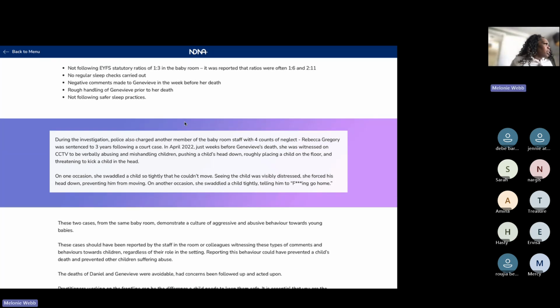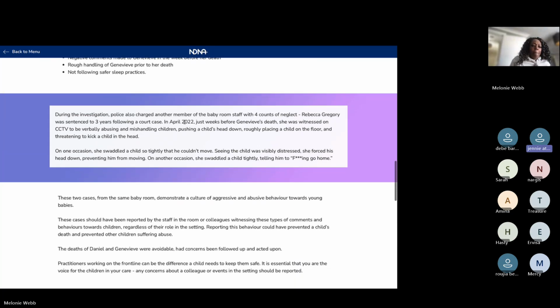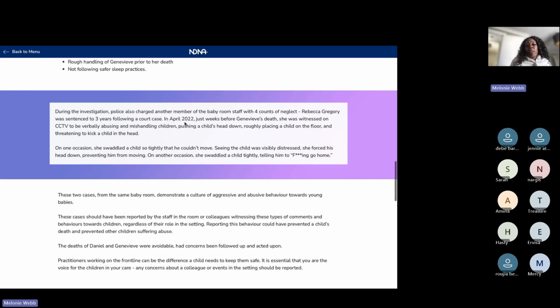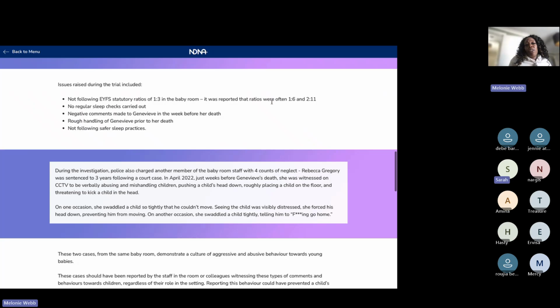Isn't that a weird thing to do for someone who's being paid? She's got issues, and I don't know how she only got 3 years. Right? Yeah, but where were other people? Like the way she was swearing at them, didn't no one hear? Well, that's the thing though, isn't it? Remember, the nursery ratio was often 2 to 11.